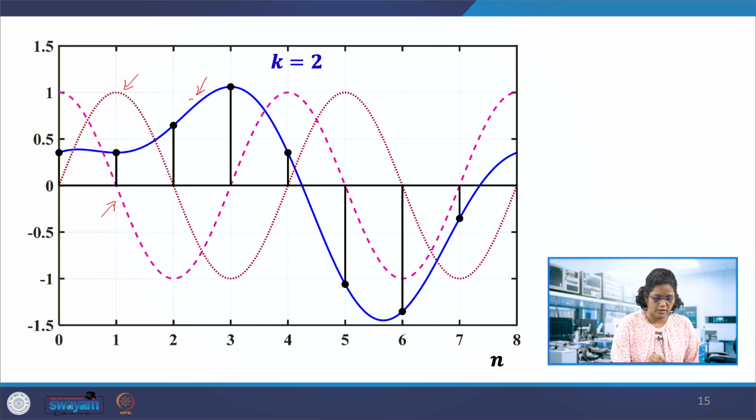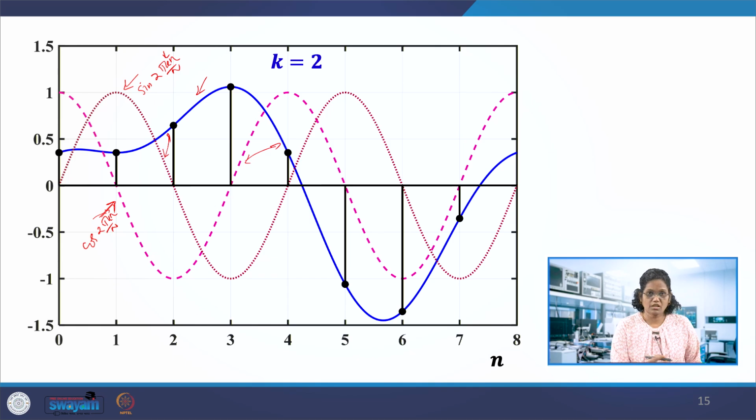So sine of 2 pi k n by N, where k is 2, and this is cos 2 pi k n by N. So again it is finding the similarity between the input and the cosine, and the input and sine. If it is similar, then the DFT equation gives a number as output, otherwise there is none.